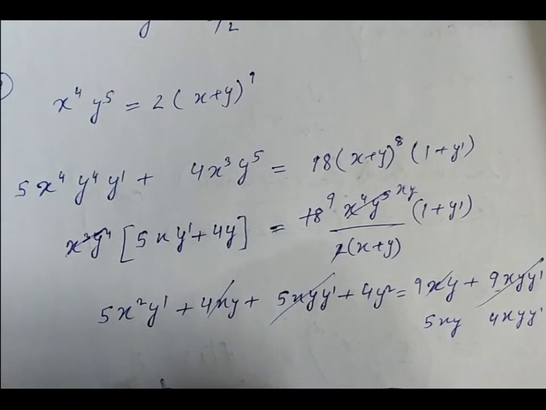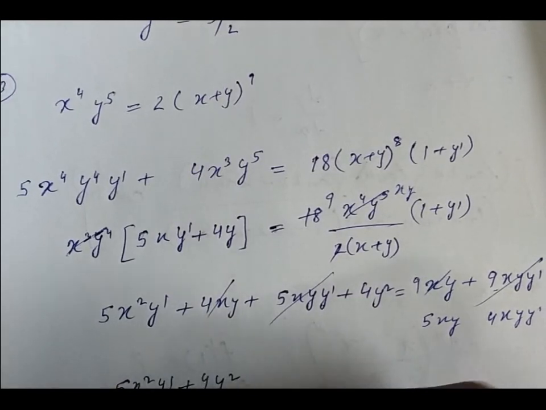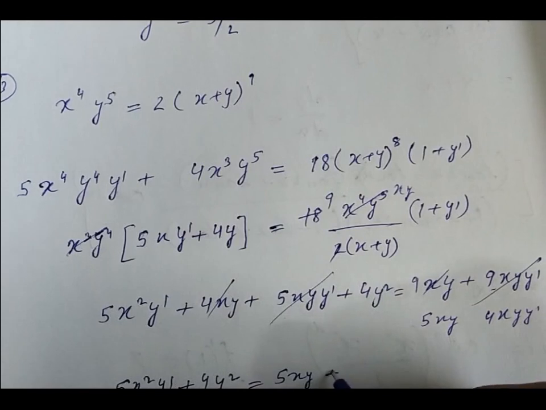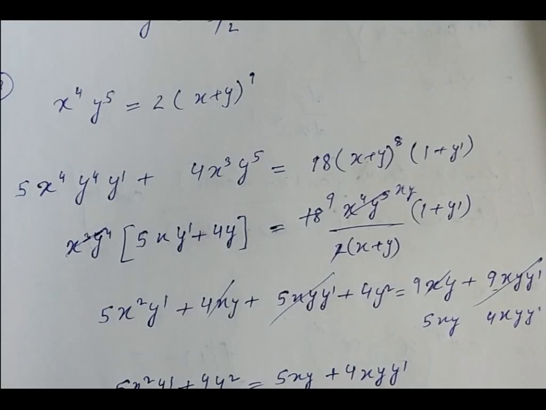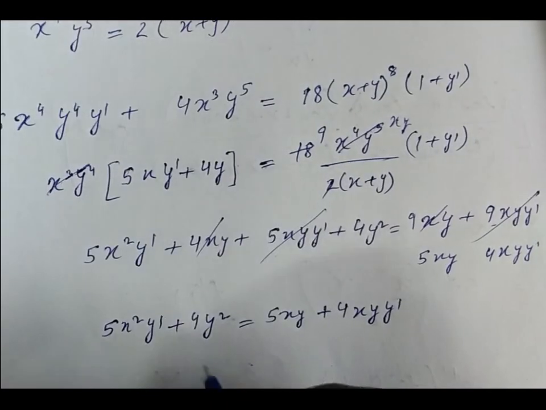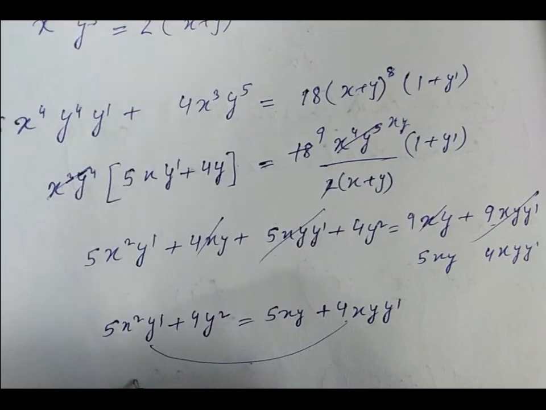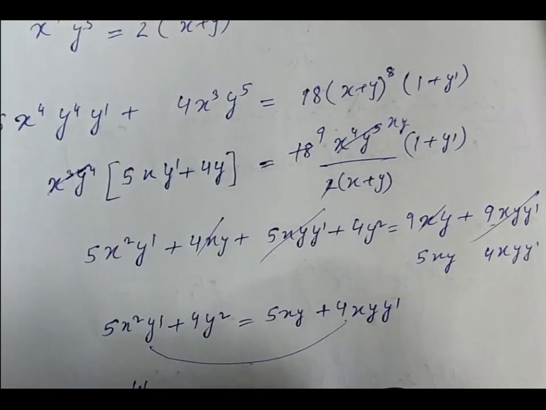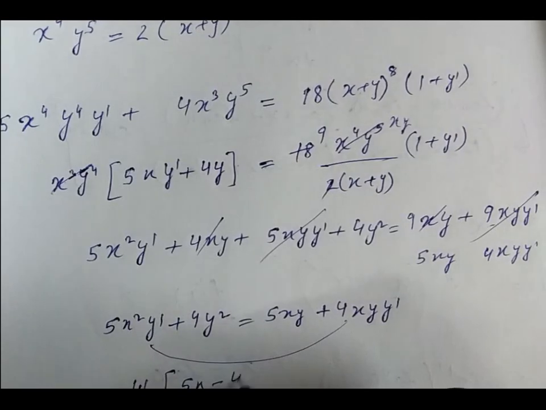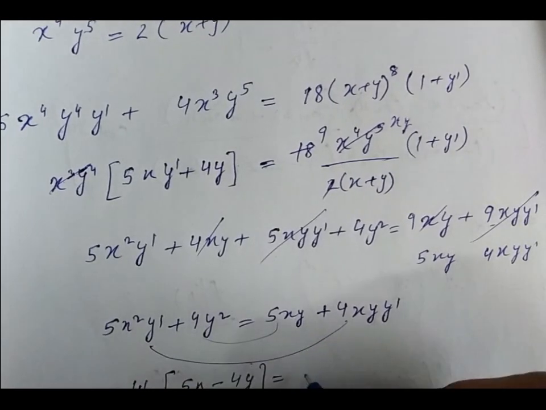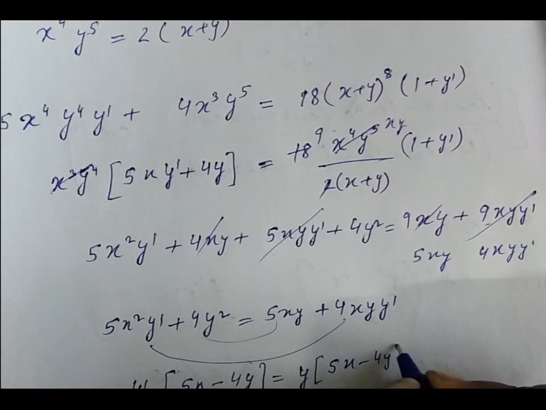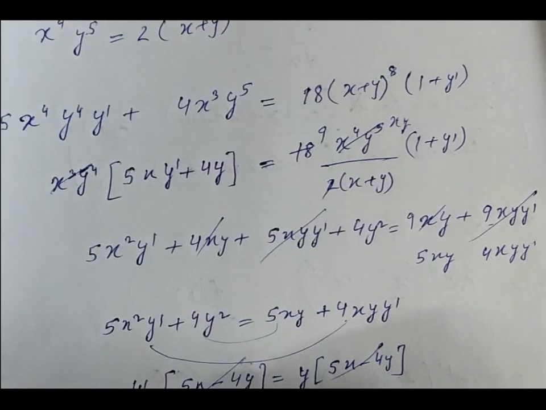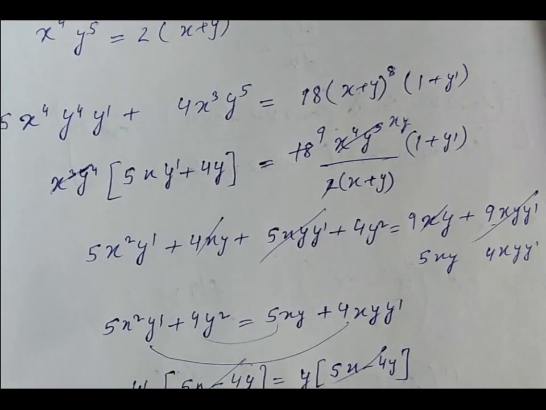So 5x square y dash plus 4y square is equal to 5xy plus 4xy y dash. Now take these two aside, x y dash is common, so 5x minus 4y is equal to these two aside, and take y common, 5x minus 4y. So this will cancel out and we will get y dash is equal to y upon x.